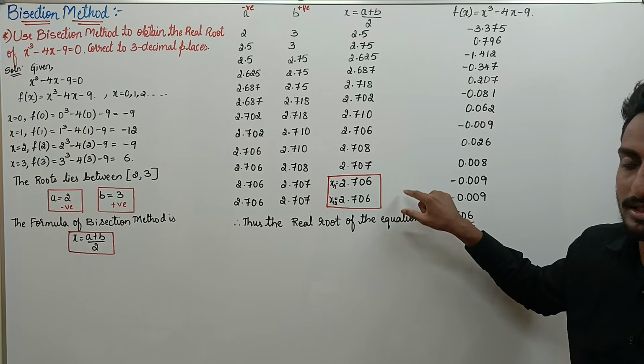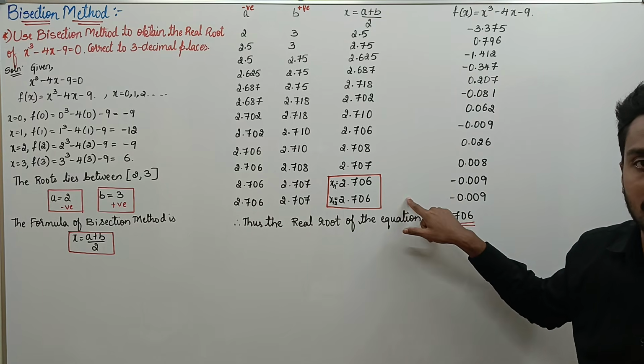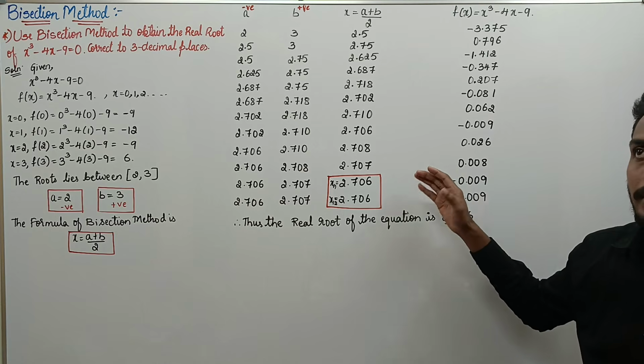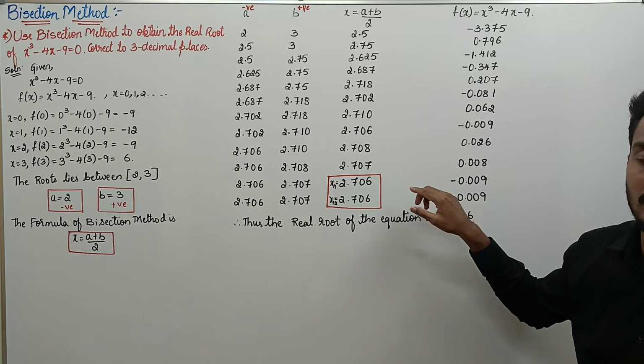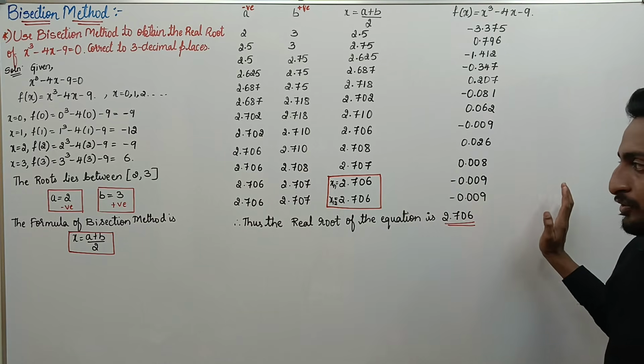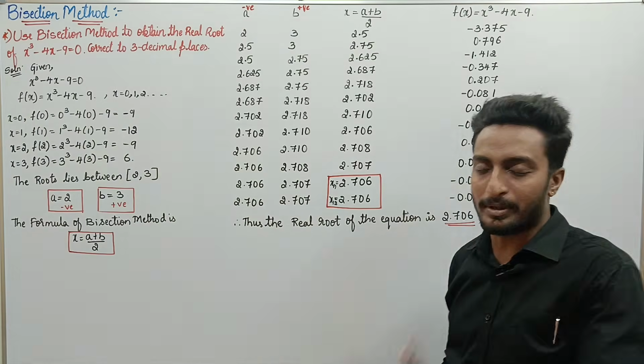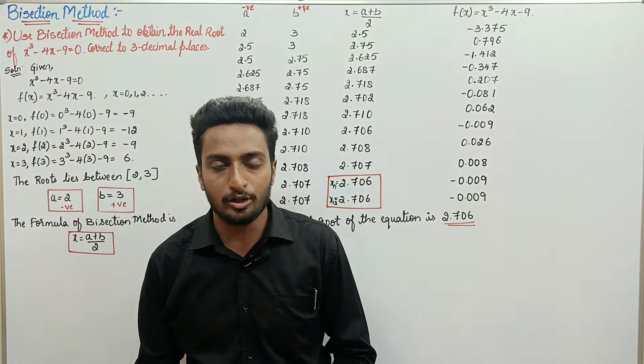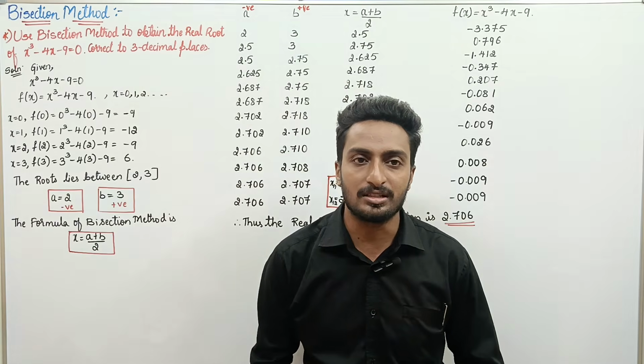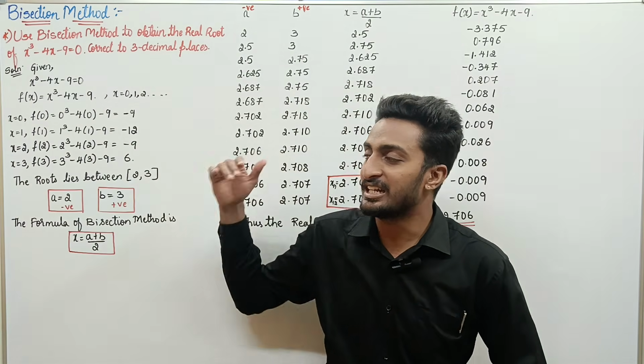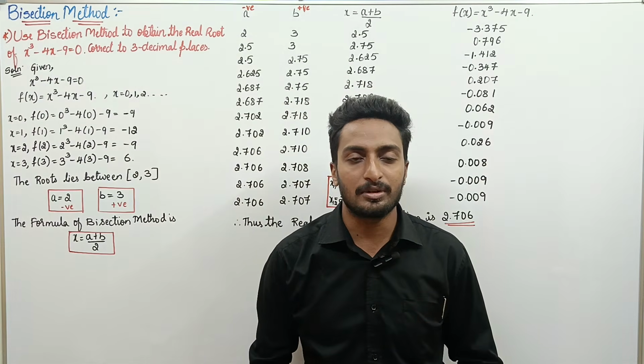Until you get the same value, you are supposed to repeat and represent the solution. The maximum cases you get approximation till 11 and 12. If you have understood this concept, you can represent the bisection method in the VTU main examination and represent the solution. I hope you have understood each and every step of the bisection method.